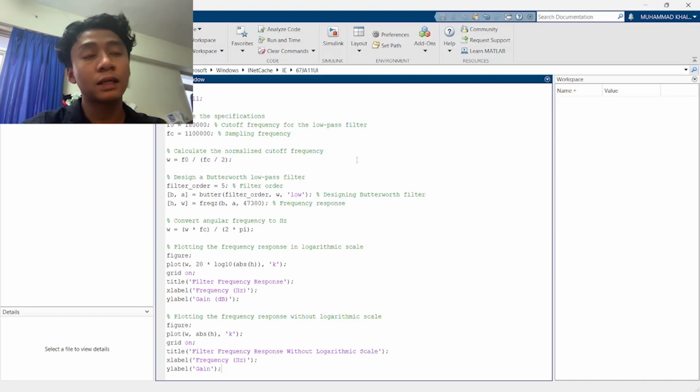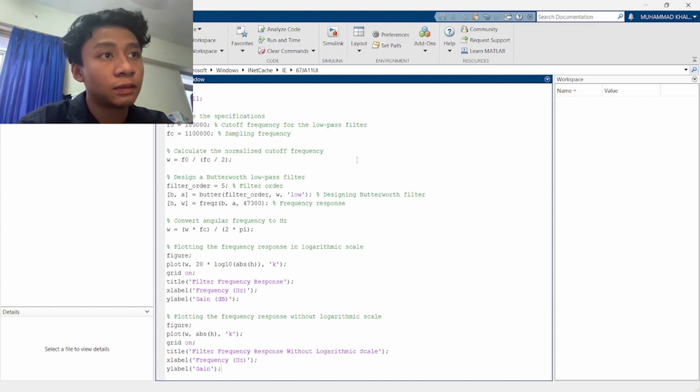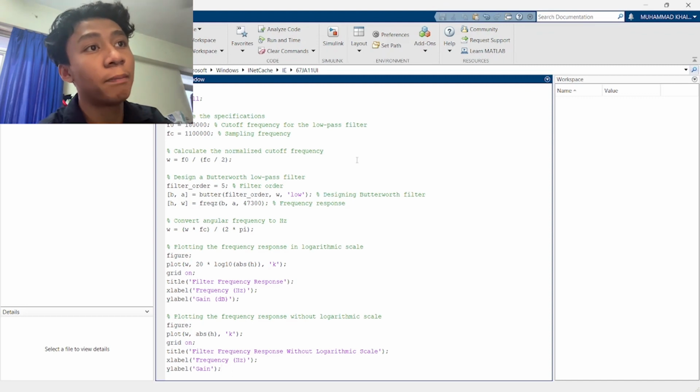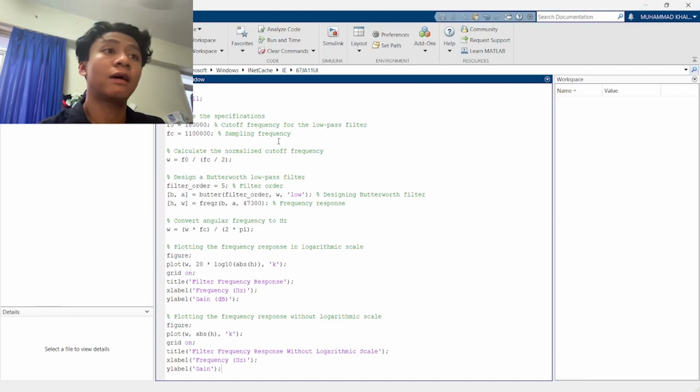CLC and close all clear the command window and close all open figures. I also define the F0 and Fc given by the lecturer, where F0 is 180,000 kilohertz, and the sampling frequency is 110,000 for Fc.